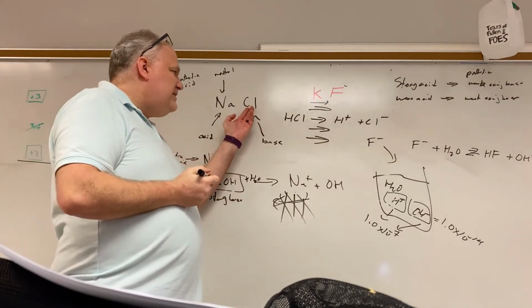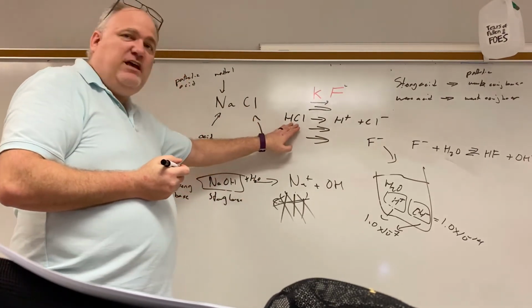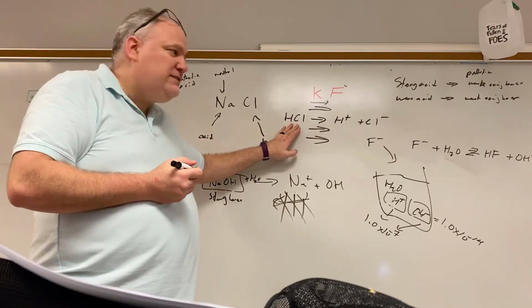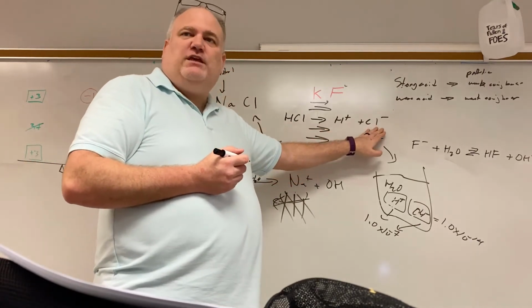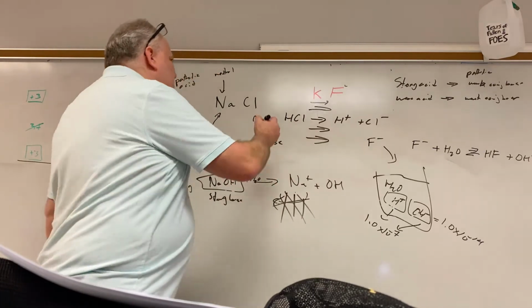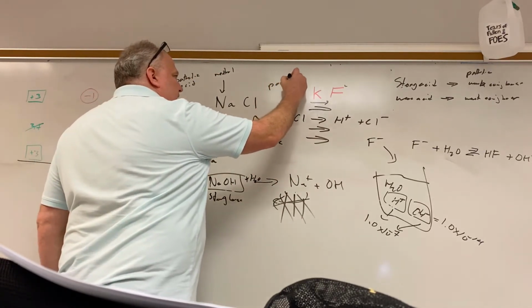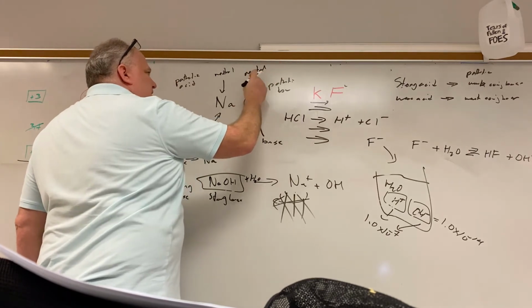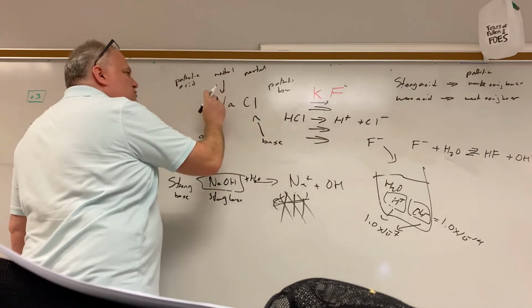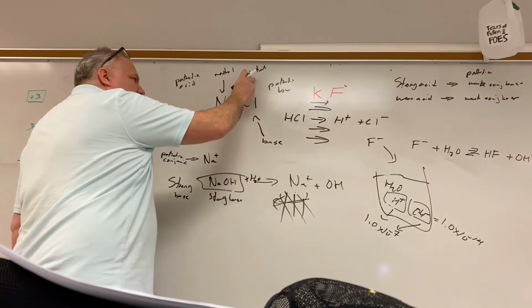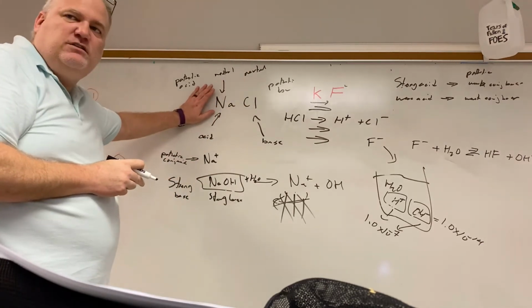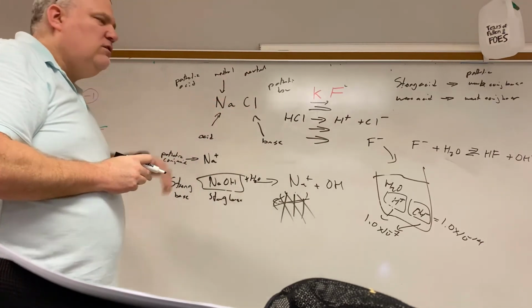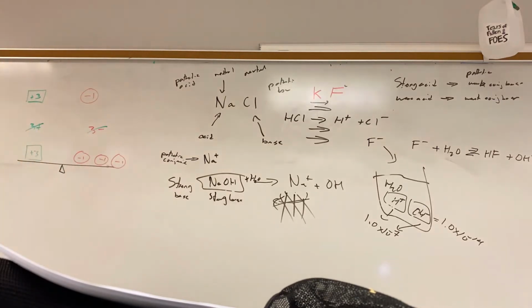So Cl- is the conjugate of HCl. Since it's the conjugate of a really strong acid, this Cl- will do nothing. So that means it's a pathetic base, and it affects water none. So if I have a neutral cation and a neutral anion, which only happens when they're conjugates of strongs, this overall ionic compound does nothing.